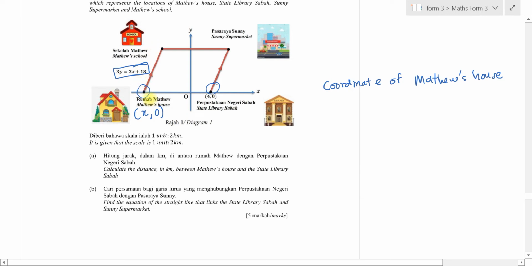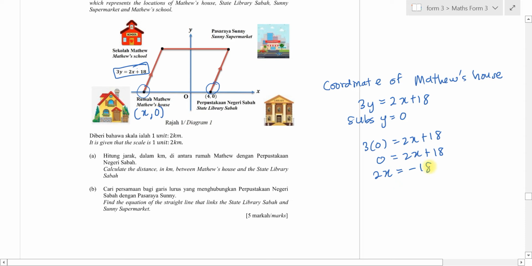The line's equation must be satisfied. So 3y equal to 2x plus 18. Okay, substitute y equal to 0. So 0 equal to 2x plus 18. 2x equal to negative 18. X equal to negative 9. So the coordinate here is negative 9.